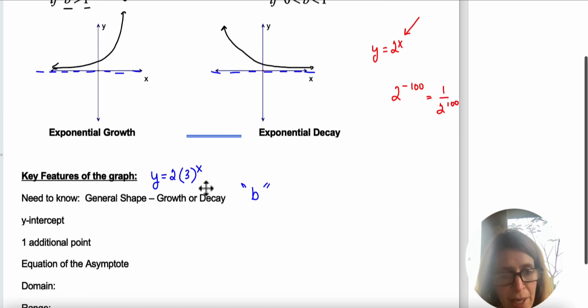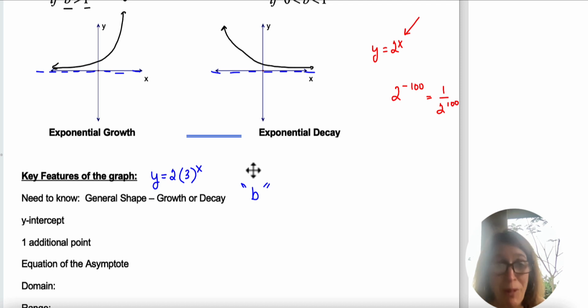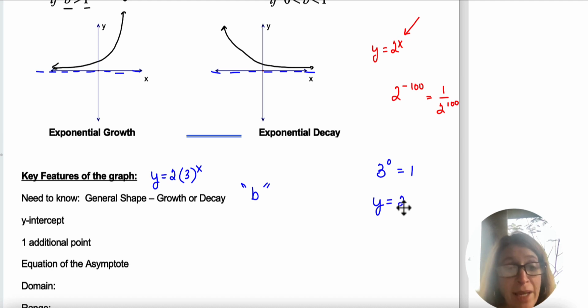If I let x be 0, we have to remember the rule for exponents from our last unit: anything raised to the 0 power is the number 1. So y equals 2 times 1, so y equals 2. My y-intercept is always going to be the a value if the graph isn't shifted, so just the basic graph. So (0, a) would be the y-intercept.